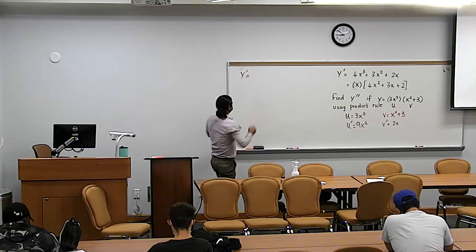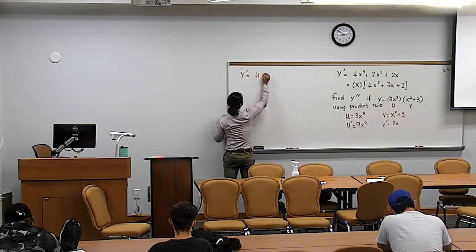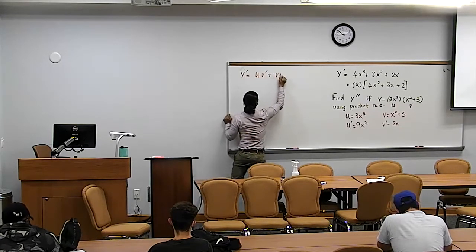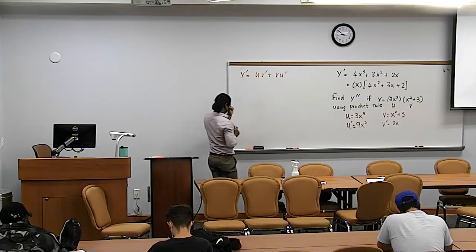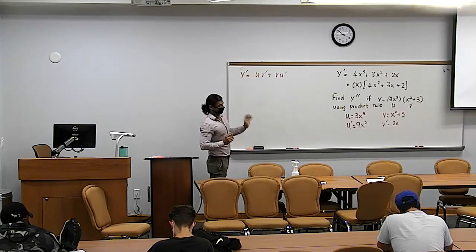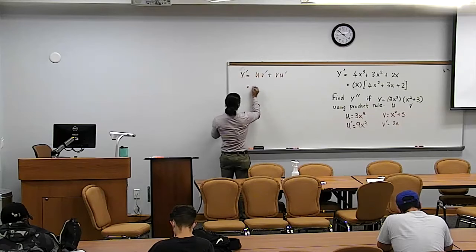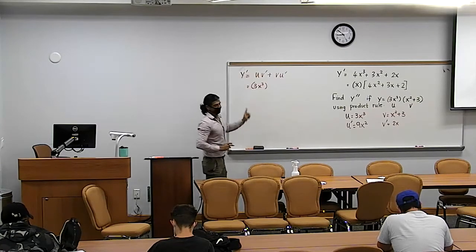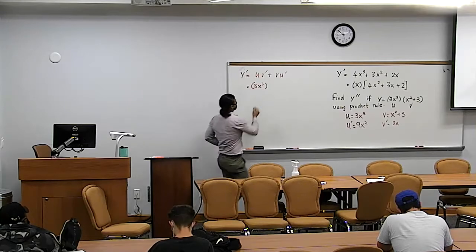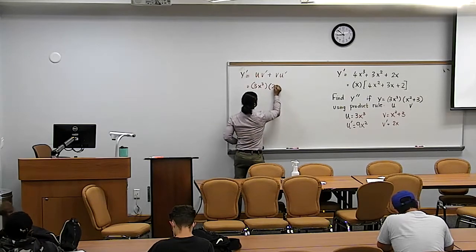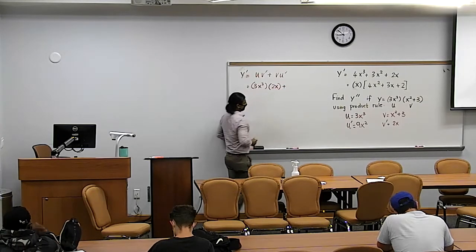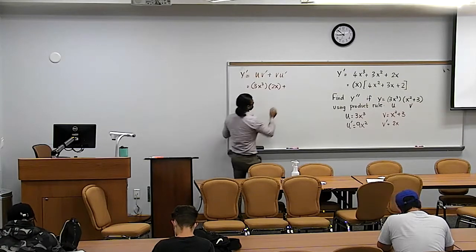The formula is u v prime plus v u prime. What is u? 3x cubed. V prime is 2x. V is x squared plus 3.